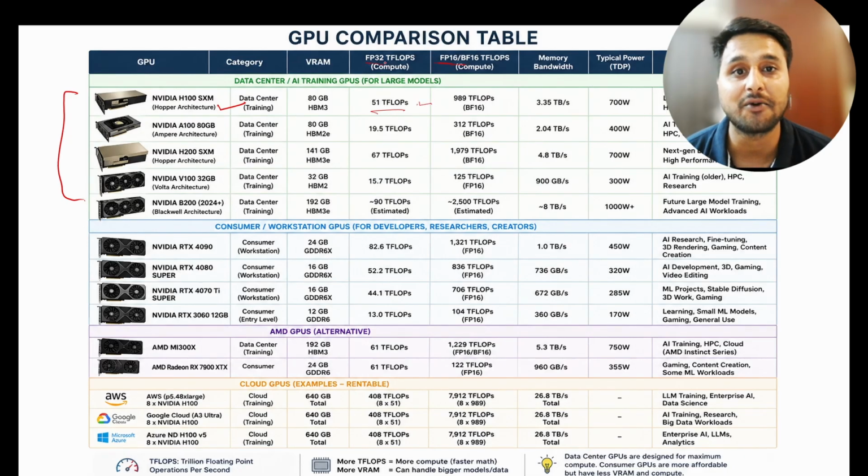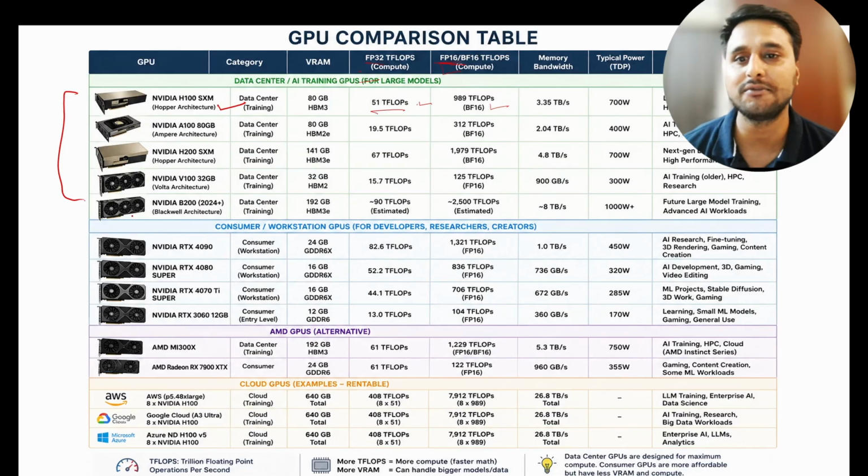In FP16, the same GPU can do more mathematical operations in less time, but with less accuracy. So FP16 is basically faster compared to FP32. This is the basic difference between FP32 and FP16.